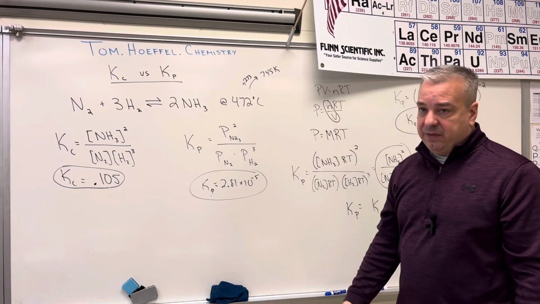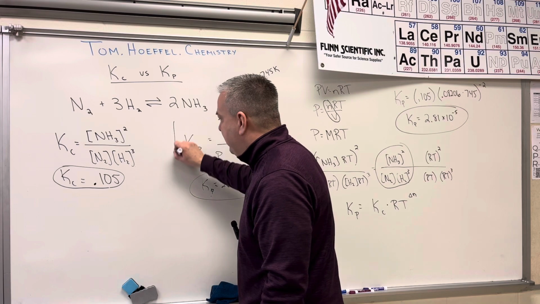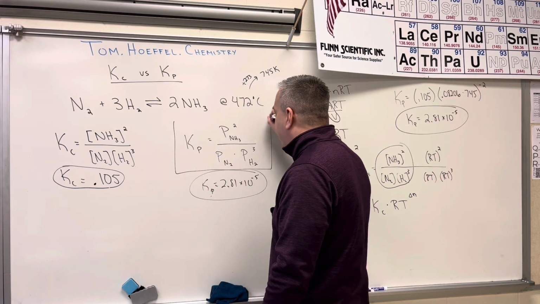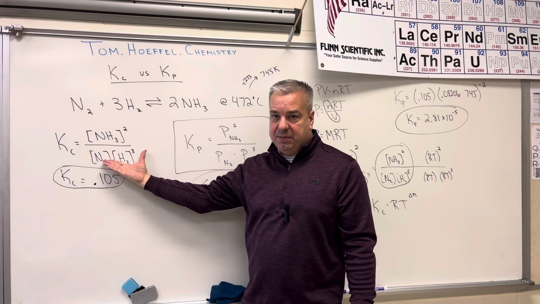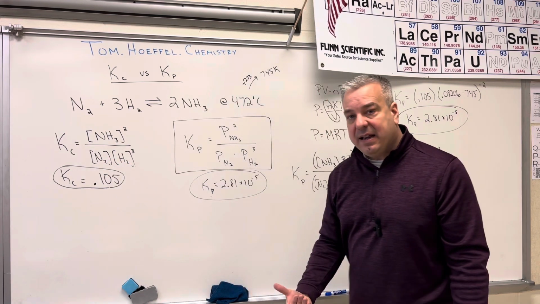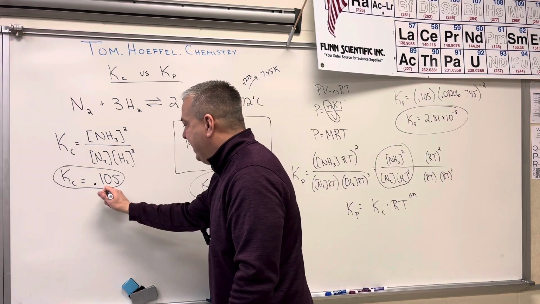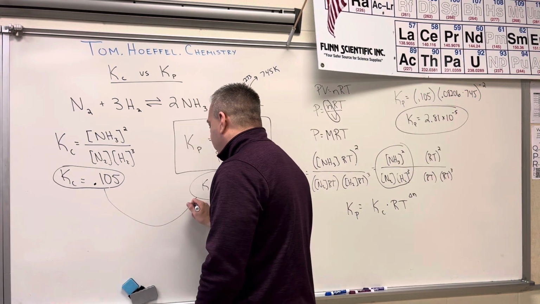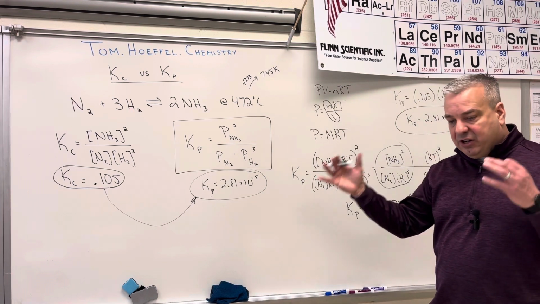So in this video, I hope you learned 2 things. Number 1, how to write the equilibrium expression for K sub P and how it's different than K sub C. And then the second thing that I hope you figure out is how to convert a K sub C value into a K sub P value so that you can compare the two.